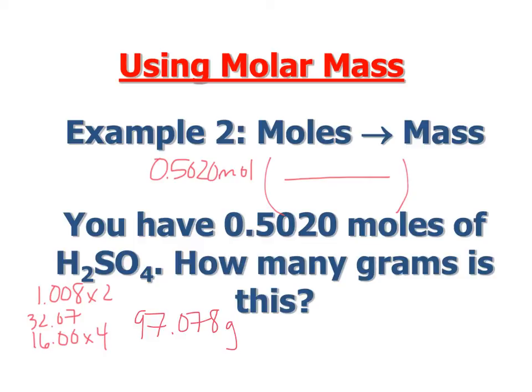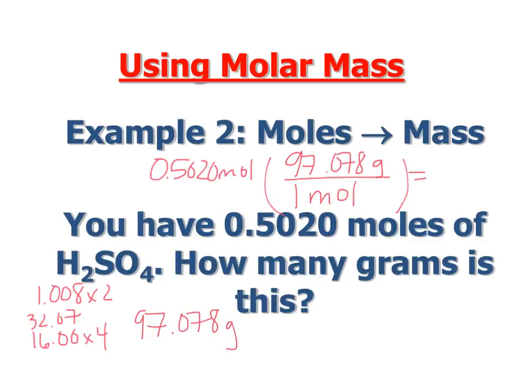Okay, so in this case, where do I want to put the grams? Because this time we have moles, so we're going to want to cancel out moles and convert to grams. So in this case, the grams go on top. And that's the mass of 1 mole of hydrogen sulfate. So again, do your calculation.